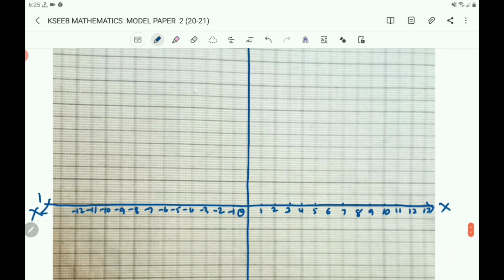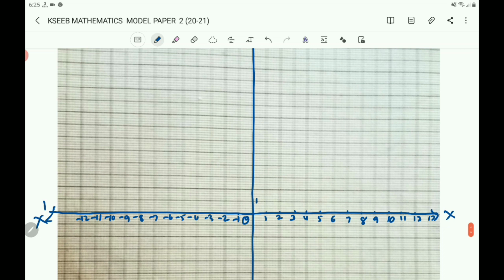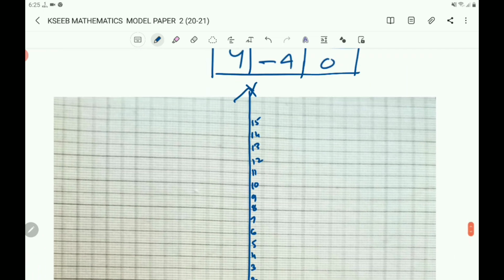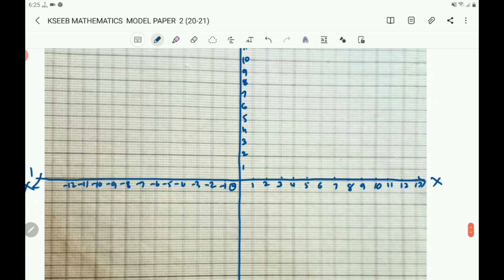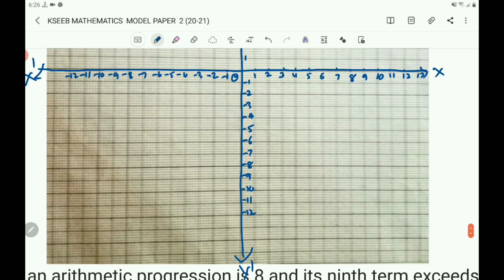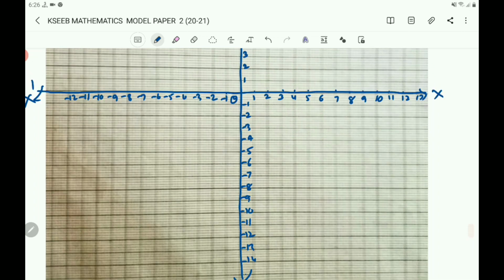Now on the y-axis you mark 1, 2, 3, up to 16, and below the x-axis they are negative. Write minus 7, minus 8, minus 9, and so on, like this way.